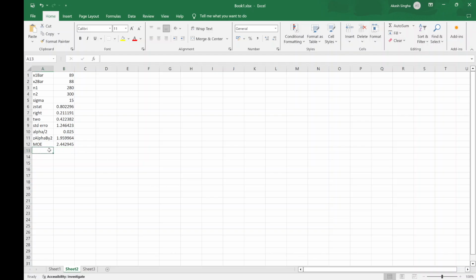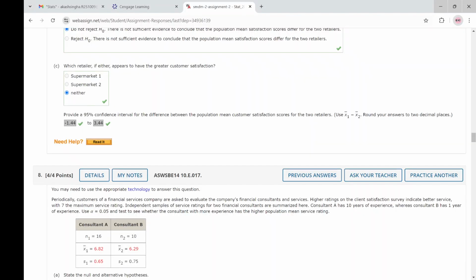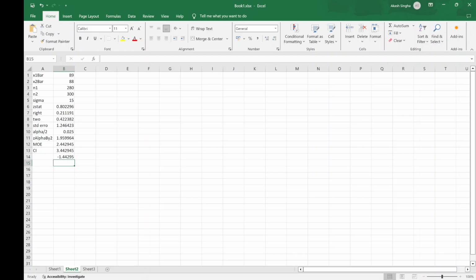Okay, so confidence interval will be x1 bar minus x2 bar, which is 1. So 1 plus this, 1 minus this, so minus 1.44 to 3.44.